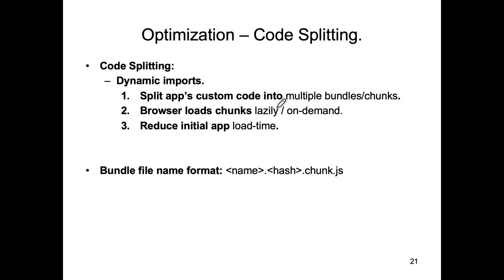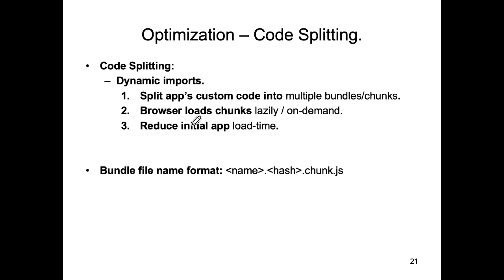What we mean by this is that the other bundles are only downloaded from the server to the browser when the browser actually needs them, and that would be controlled by the user really. If the user navigates to a particular page in the app, and the bundle code required to render that page is not available yet, it's only then that the browser will request that particular bundle from the server.